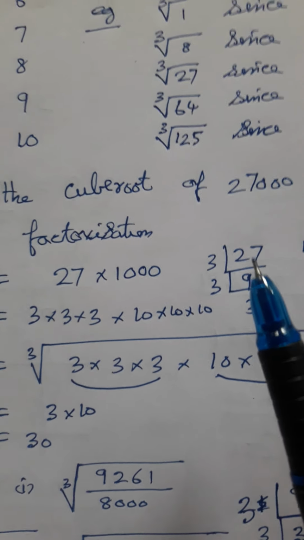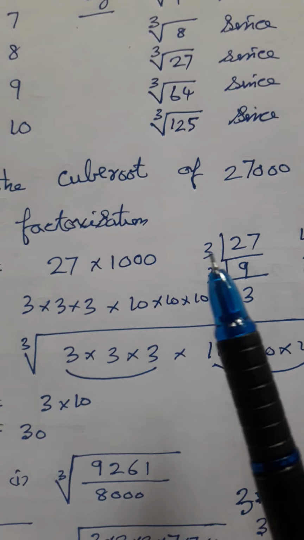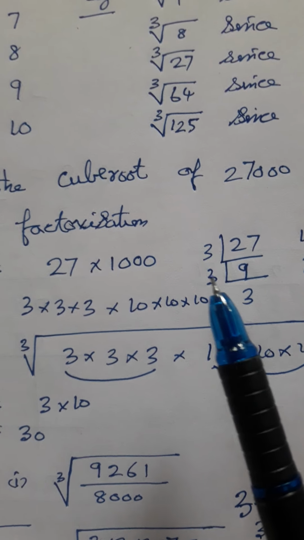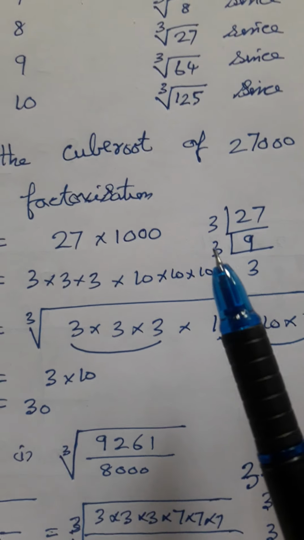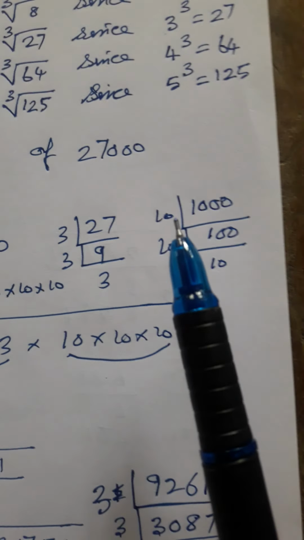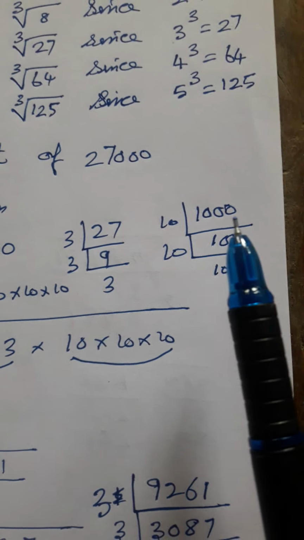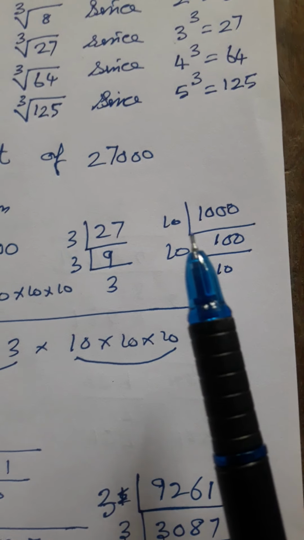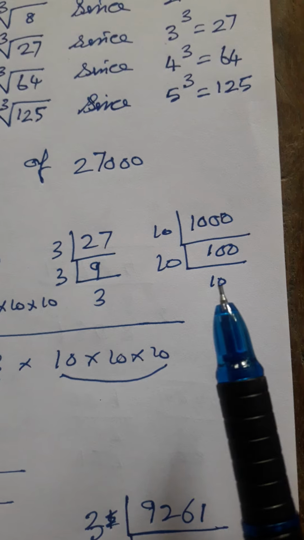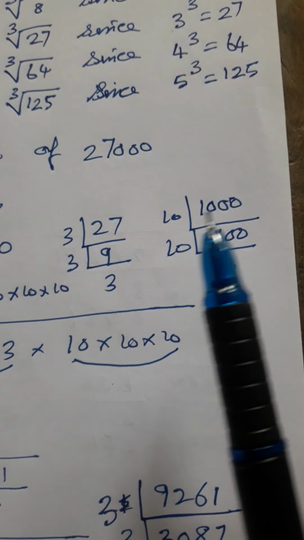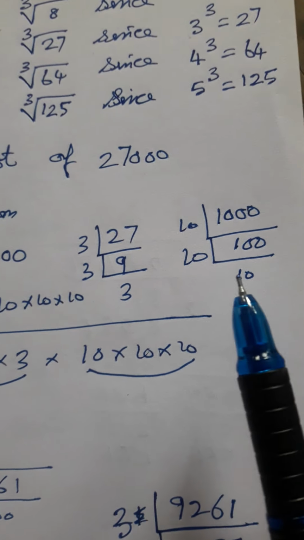This 27 can be written as 3 into 3 into 3. Also 1000 can be written as 10 into 10 into 10.